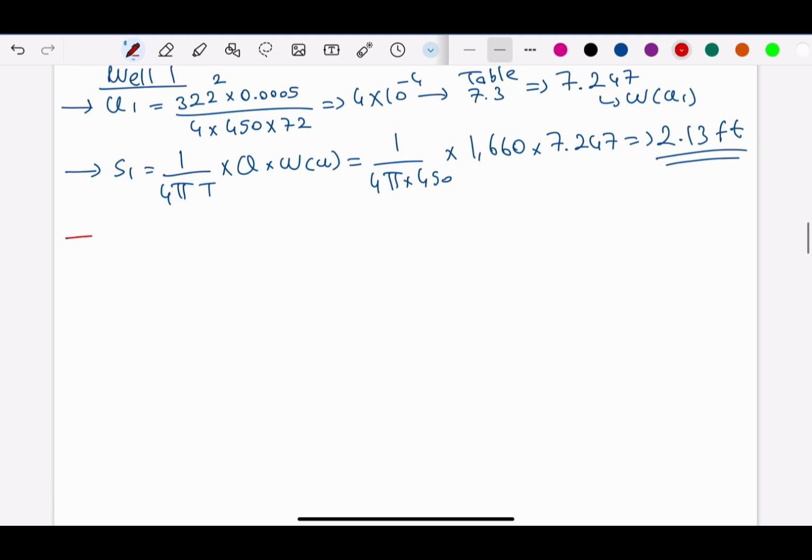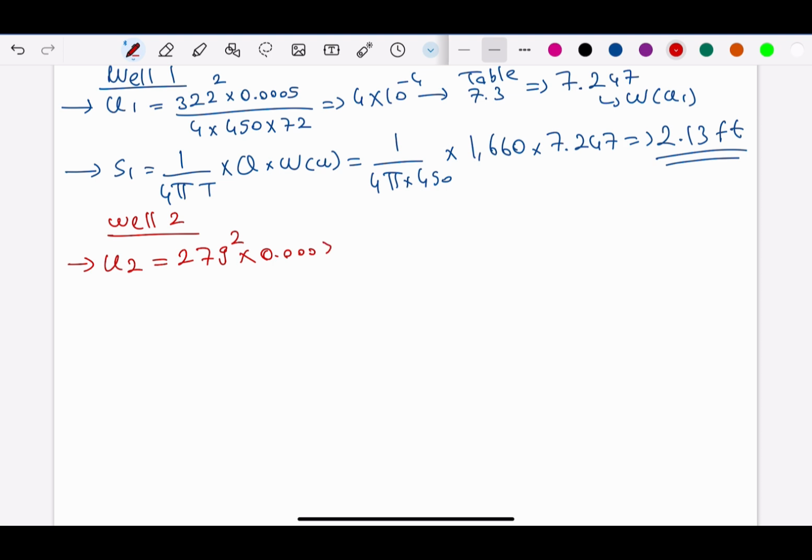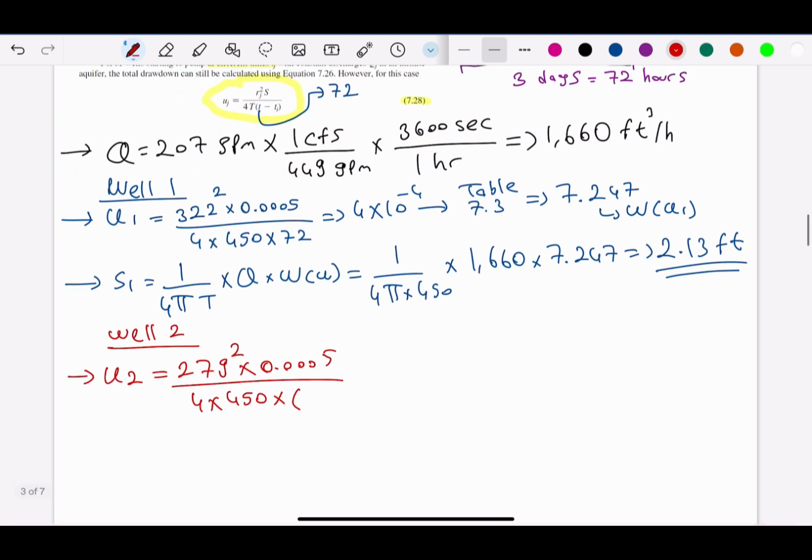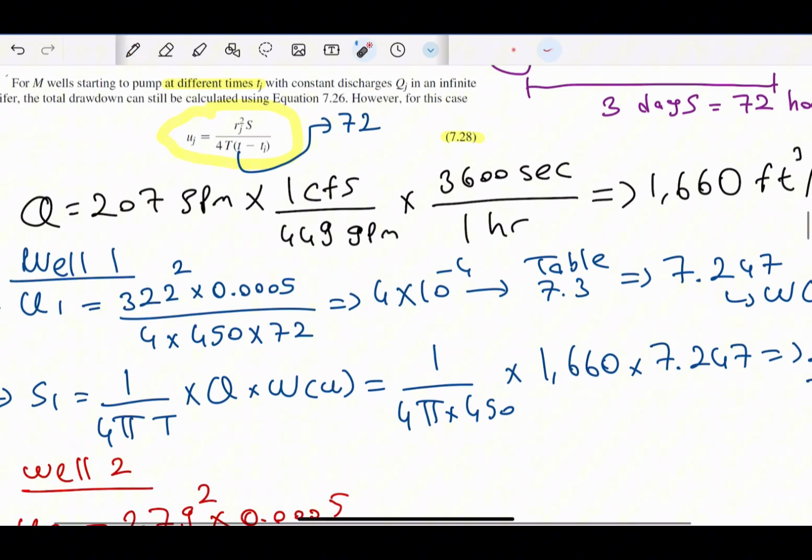Now we are going to apply the same process for well 2. So U2 will be equal to this value for 450, and this time we need to check this equation.